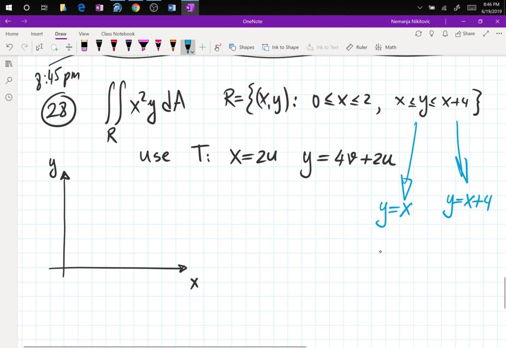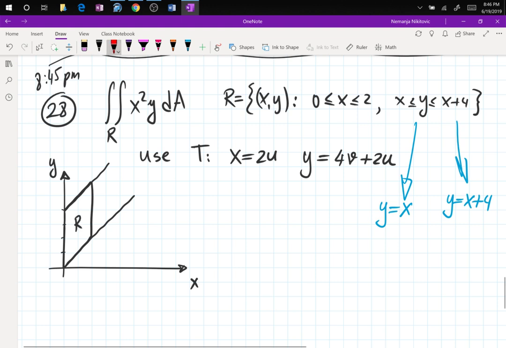So y equals x is a 45-degree line, and then y equals x plus 4, 1, 2, 3, 4, is another 45-degree line. Now, my x is stuck between 0 and 2. So this is the region. This is the region R.